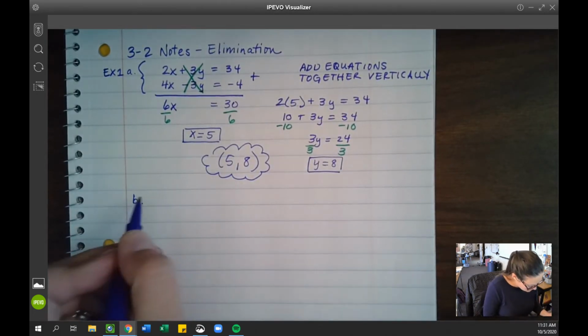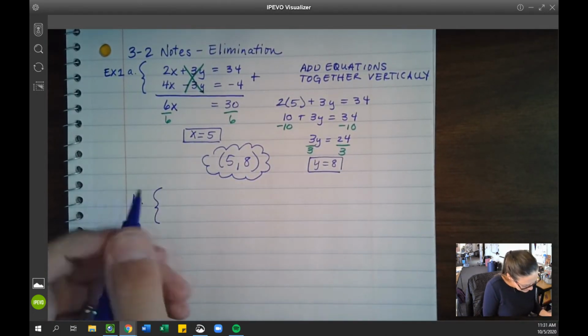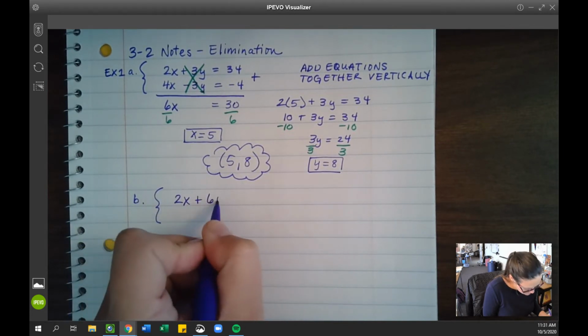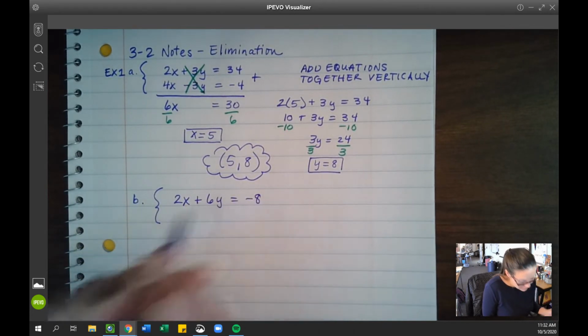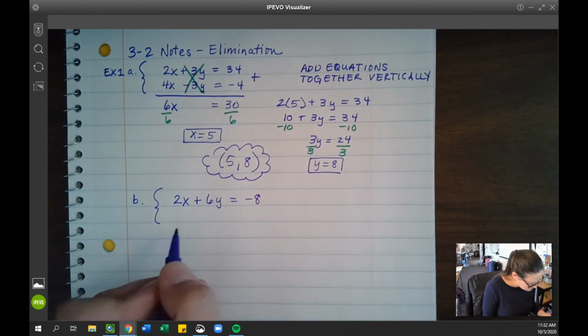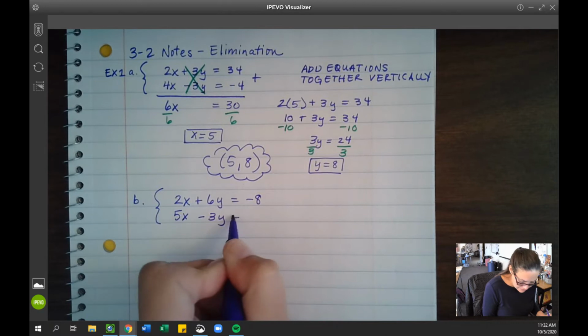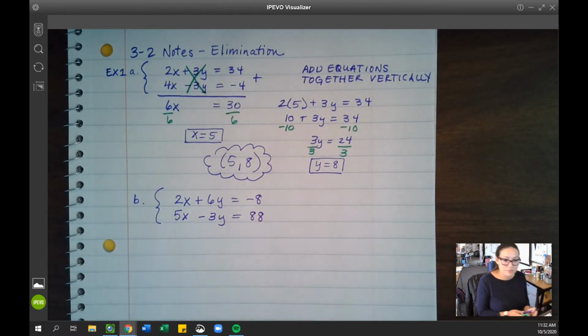So we're adding these equations together and we're finding that it works out pretty nicely. So let's say I have 2x plus 6y equals negative 8. And then I have 5x minus 3y equals 88. All right, so if we were to approach this just like we did in the first example, I would add these together.